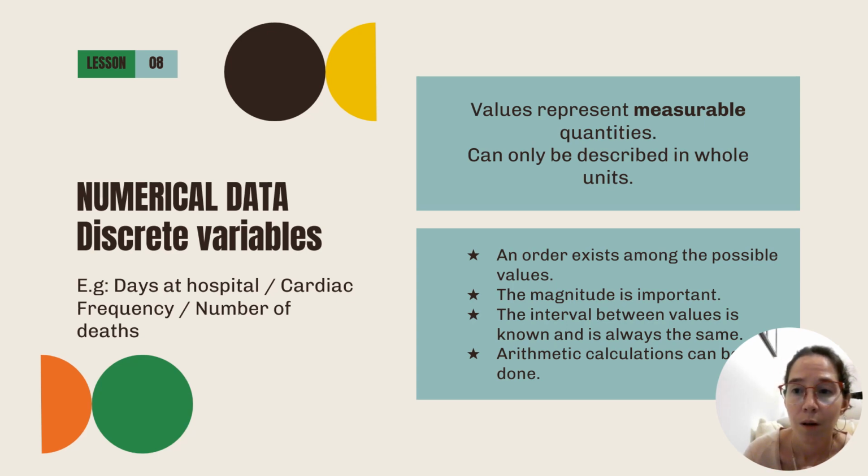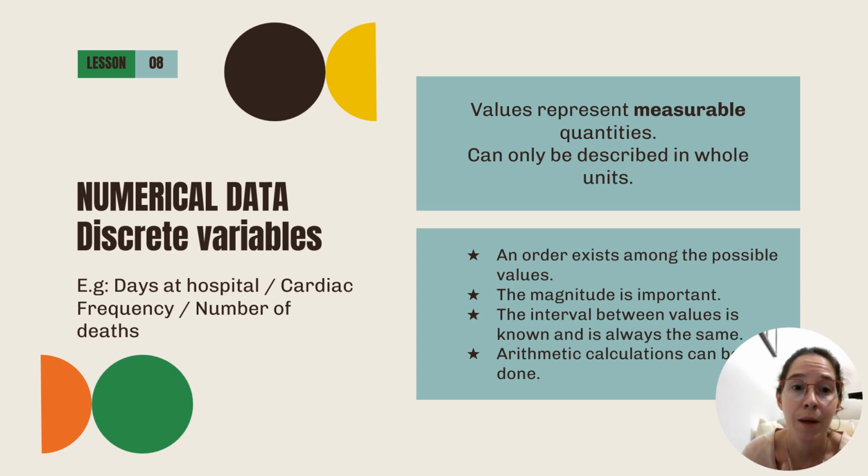And the importance here is that there exists an order among the possible values, and the difference between values has a measurable quantity. And I can say, for example, if we take the example of days at hospital, that the difference between 1 day and 2 days is the same as the difference that exists between 3 days and 4 days, for example.